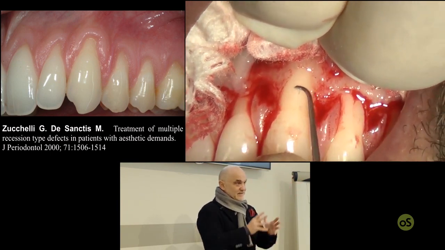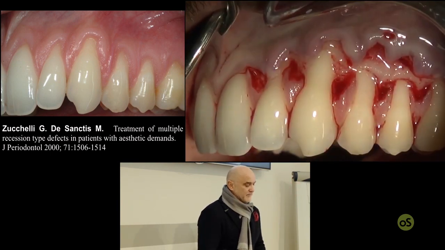It's very, very big, the tension you have to do to replace the papilla in position.